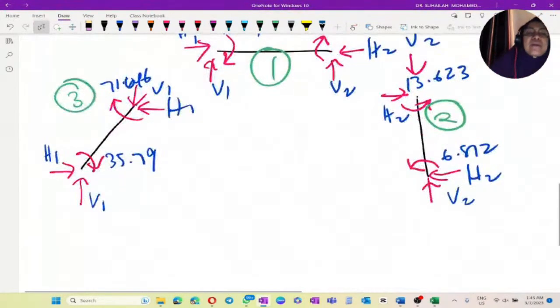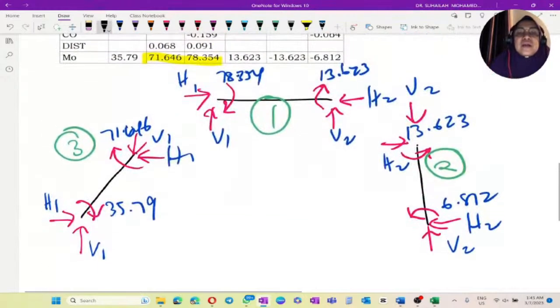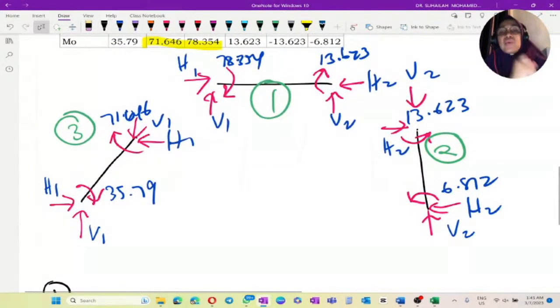Okay, step number 1, from static equilibrium.